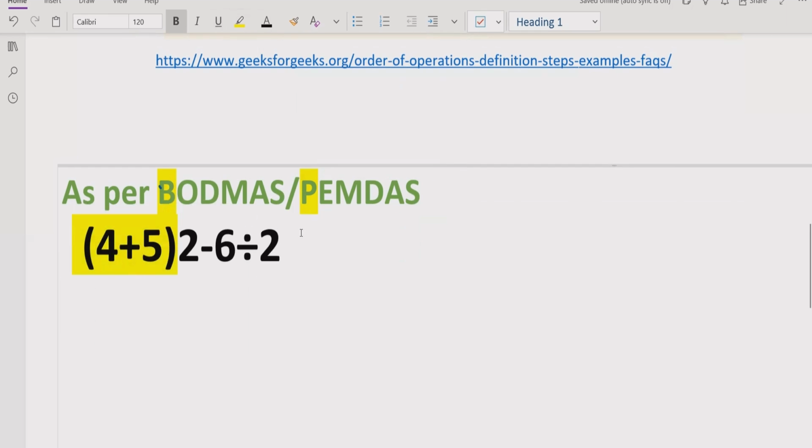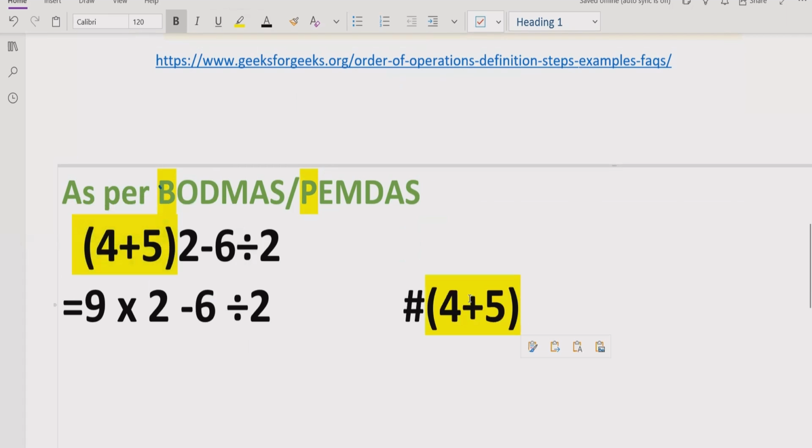So we write 4 plus 5 is 9. Here we do not have any multiplication sign, but we have the implied multiplication, so we will write the multiply sign. And after that, 2 minus 6 divided by 2. Here we give the reference that this part we are solving first: 4 plus 5 is 9.